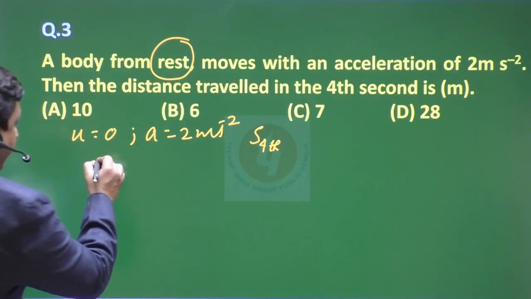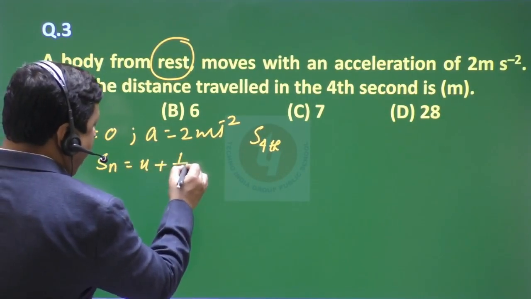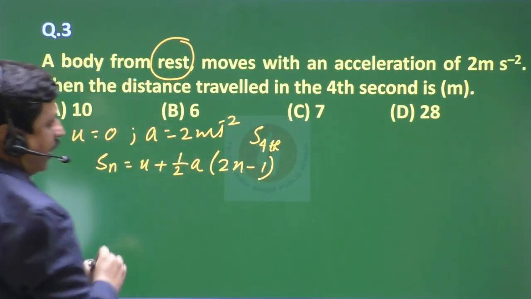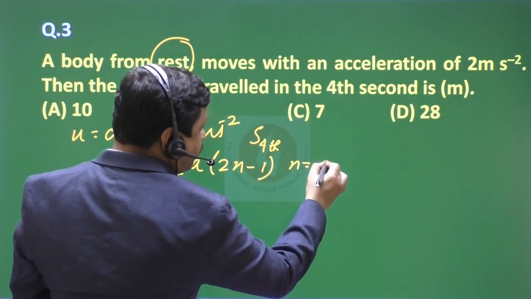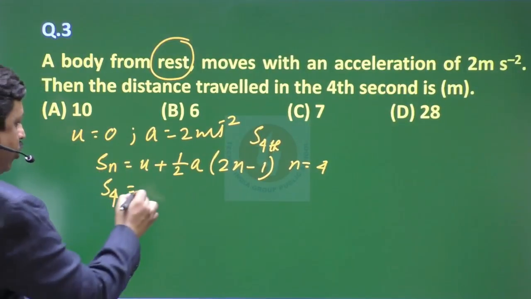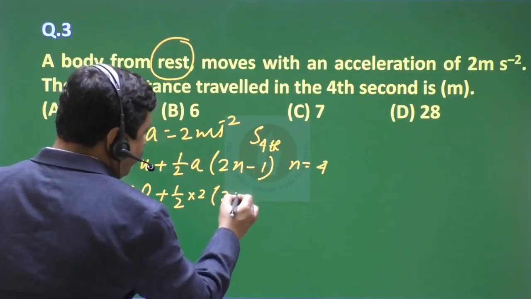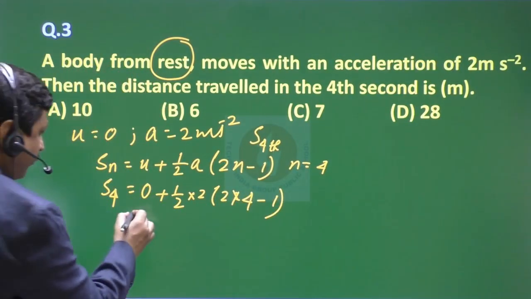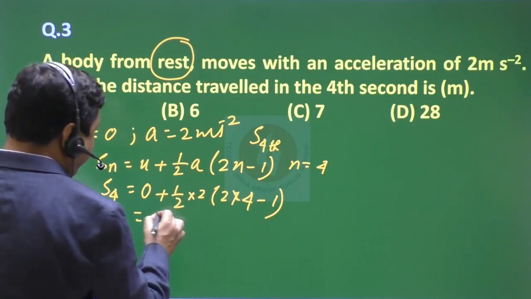As we know, the equation will be Sn equals to u plus half a (2n minus 1), and in this formula you have to put n equals to 4. Then S4 is equals to u is 0 plus half, a is 2, and (2 into 4 minus 1), right? 2 cancel, that is 8 minus 1, 7 meter.